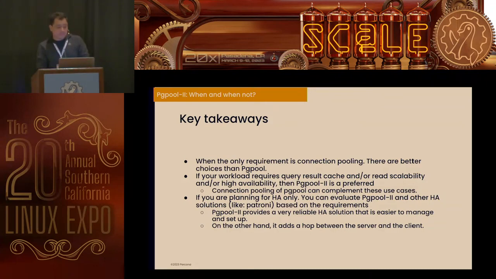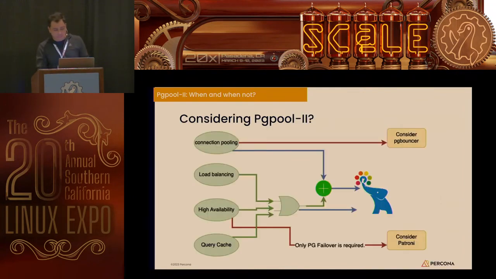And for HA, if you do not want to add a network hop between the Postgres server and client, and you just need a failover, then I think Patroni could be a better solution. Although it's very difficult to maintain, I think it's a better solution. But if you want to use the idle standby nodes, then Pgpool can be a better choice.